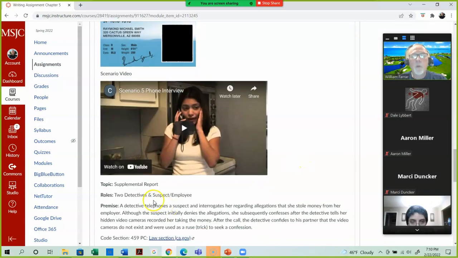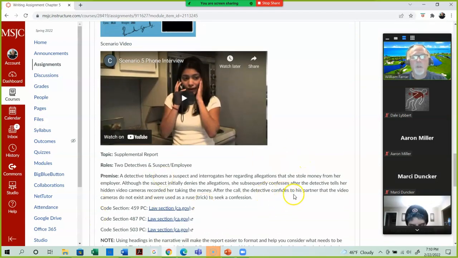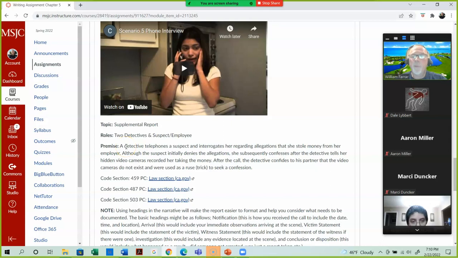And basically what it's going to be, and I always tell you what it is, right? It's going to be a supplemental report. You don't have to do the face pages because you're just going to do this little report. And the premise here is that a detective is going to call a suspect that they believe is involved in stealing money and talk to her regarding some allegations that she stole some money from her employer.